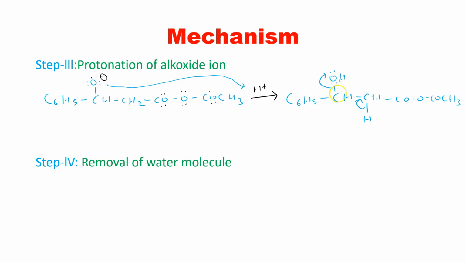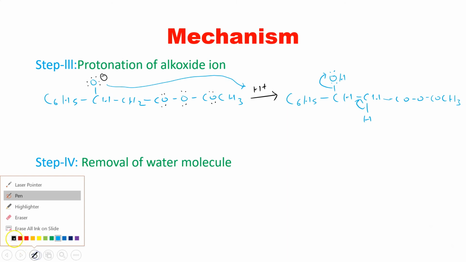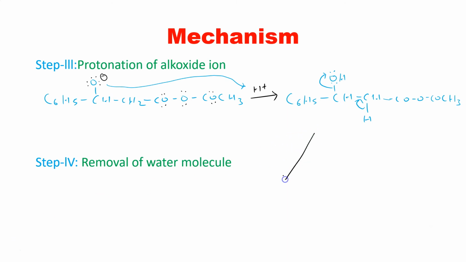Now it will become 3 lone pairs of electrons, and totally the water molecule will be lost. There will be combination of this OH minus and H plus. Write directly H plus and OH minus.